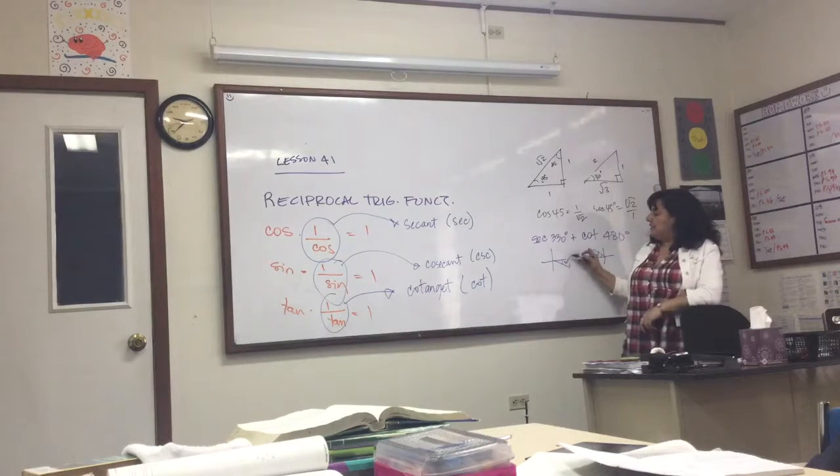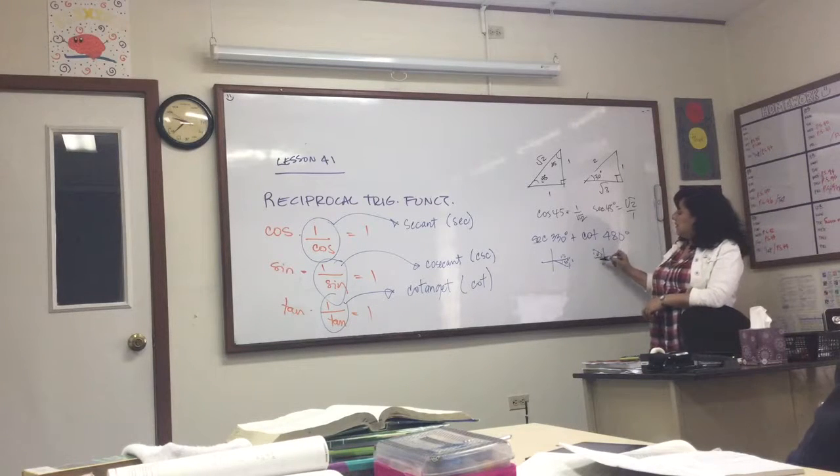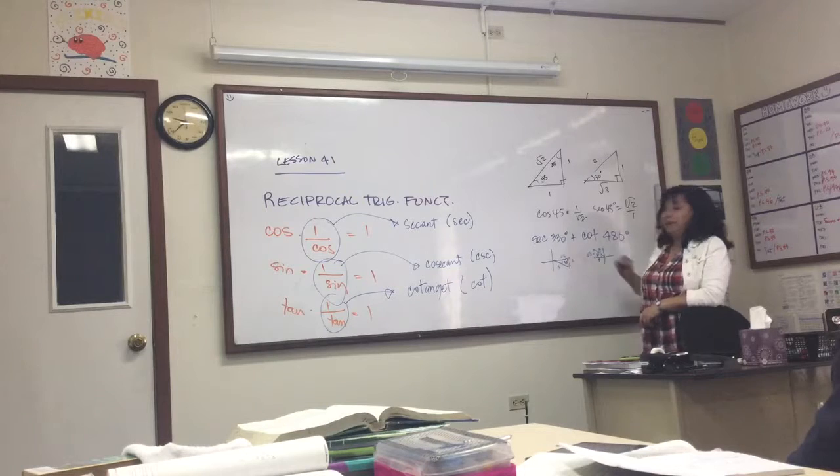So that's cool, because if this is 30, this is 1, and this is square root of 3, and this is 2. Does everybody agree?